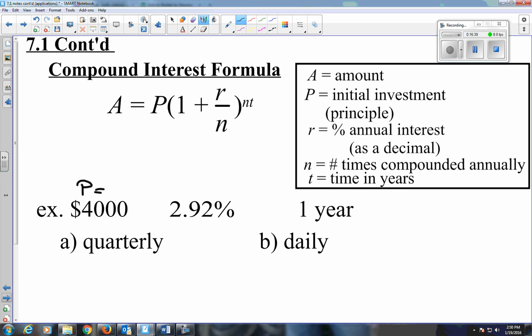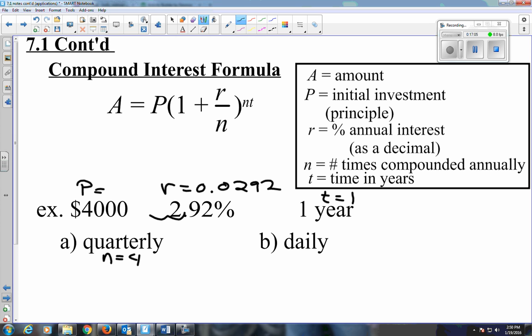That's going to be R, and we're going to write it as a decimal, so I'm going to move 2 places to the left. So that's going to be 0.0292. 1 year, that's T. So quarterly tells me that N equals 4.